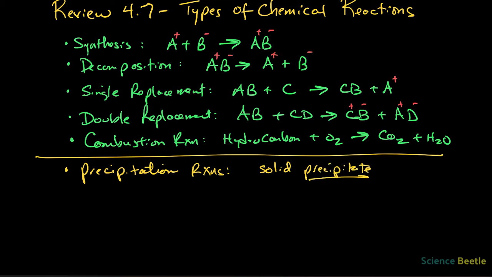So if we have a solid precipitate, that would essentially be a precipitation reaction. So the main thing you want to think about here is to think back to the knowledge that we had talked about in the net ionic section. So when we have the net ionic equation there, we were looking for the solid because that was the precipitate that was being formed. So make sure you're able to identify that.